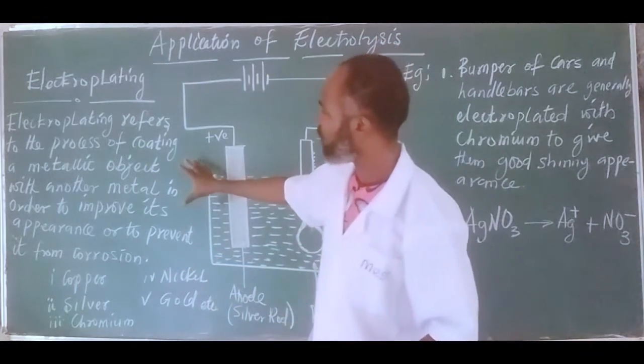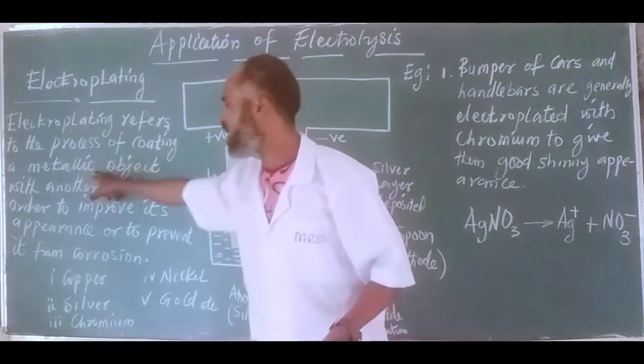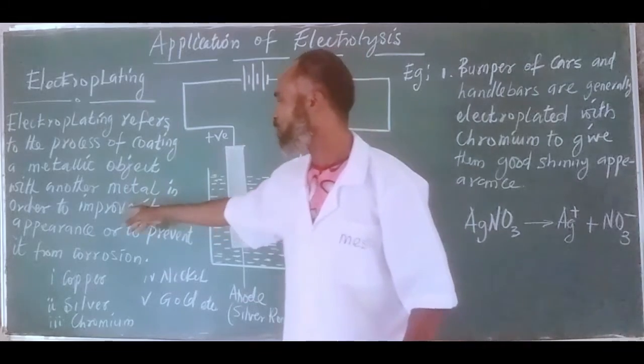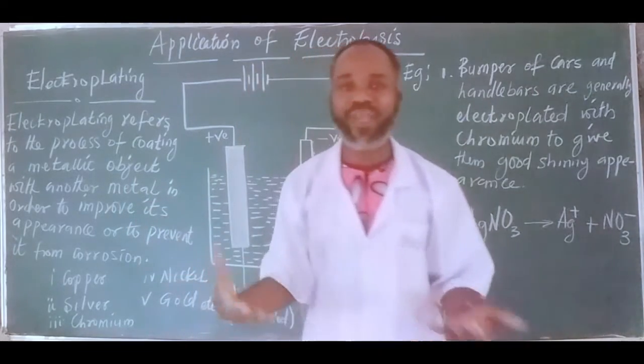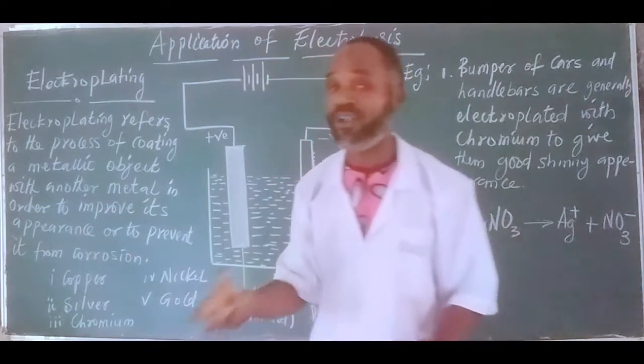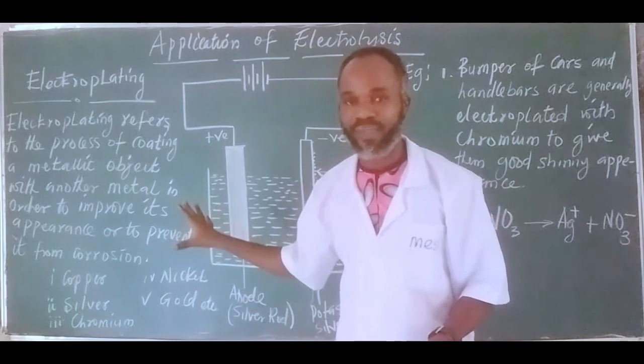So from what we have on the board, electroplating refers to the process of coating a metallic object with another metal in order to improve its appearance or to prevent it from corrosion. So that's what electroplating is all about.